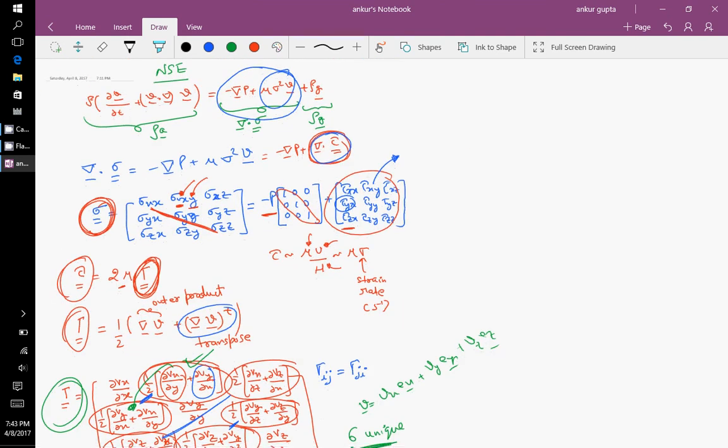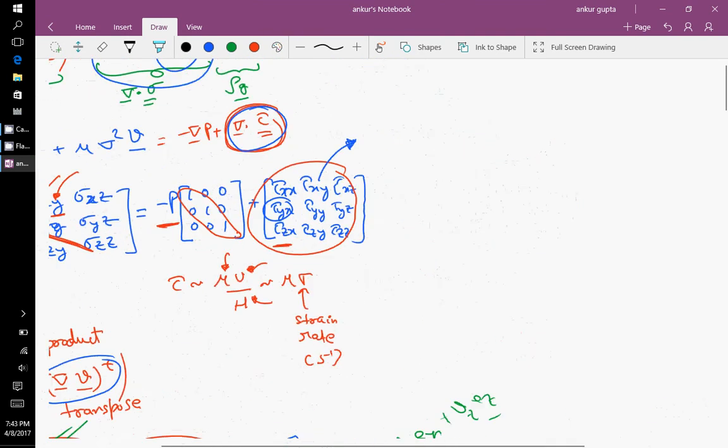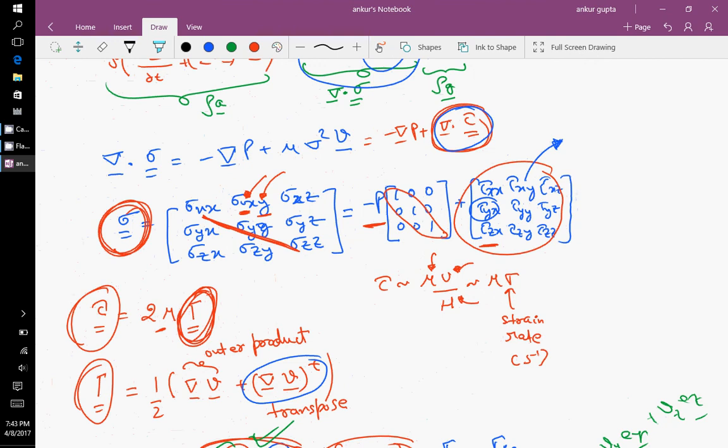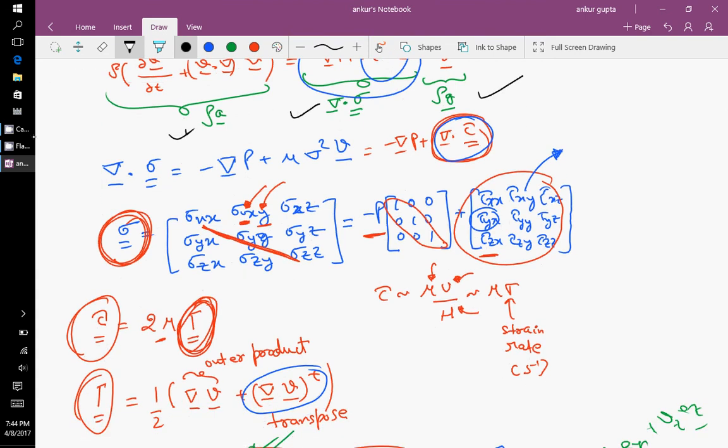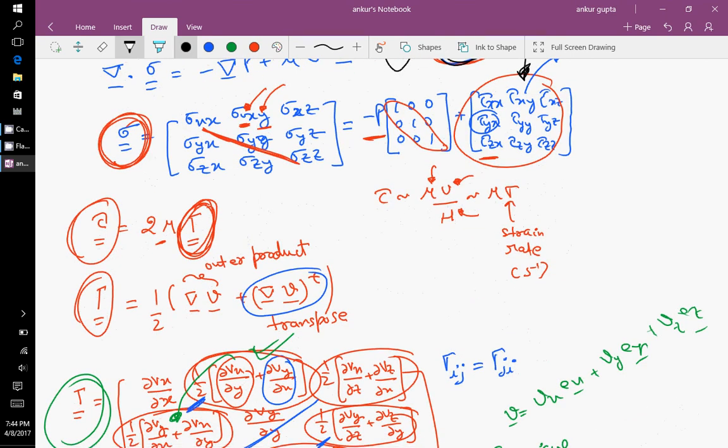So let us recap whatever we have discussed till now. We started by talking about the Navier-Stokes equation, which has three parts: the acceleration part, the surface part, and the gravitational part. The surface part can be thought of as the pressure part and the del dot tau part, where tau is the shear stress tensor, and sigma can be thought of as minus p plus tau.